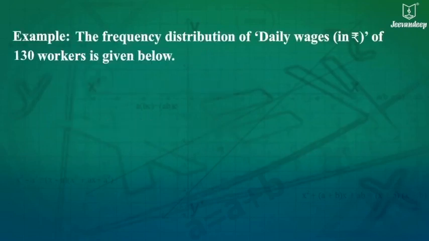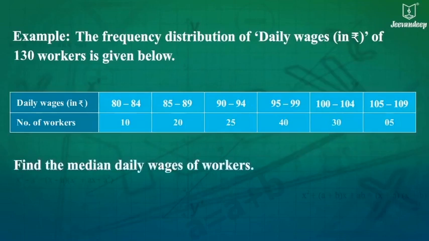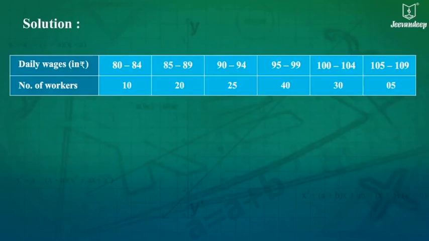Example: the frequency distribution of daily wages in rupees of 130 workers is given below. Daily wages in rupees, number of workers. Find the median daily wages of workers. Now, following the steps stated before, prepare a table.